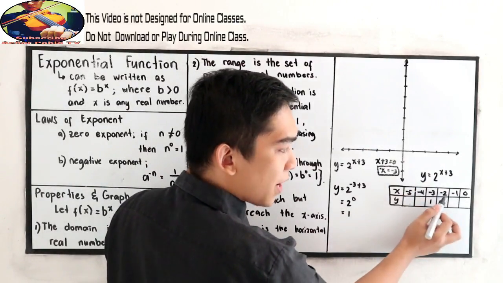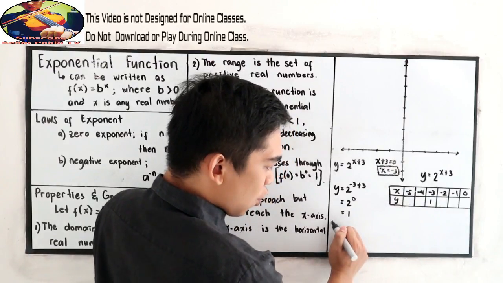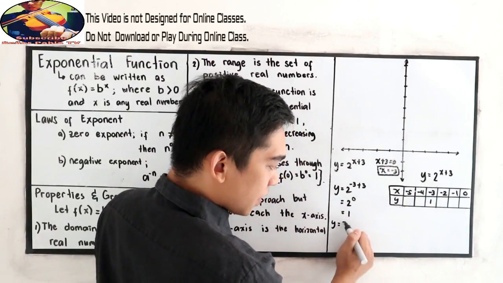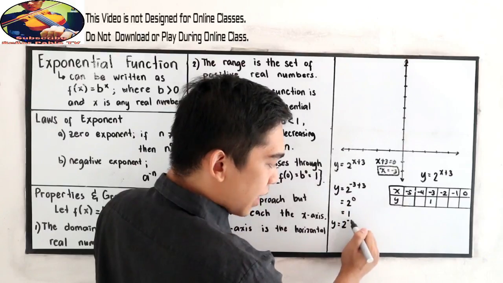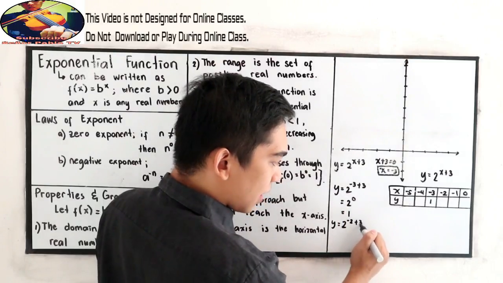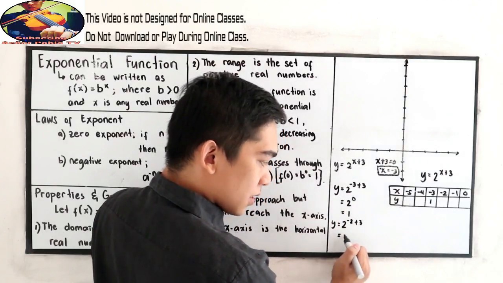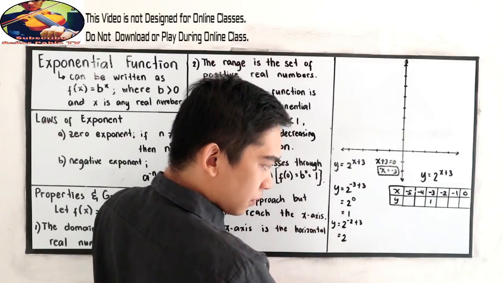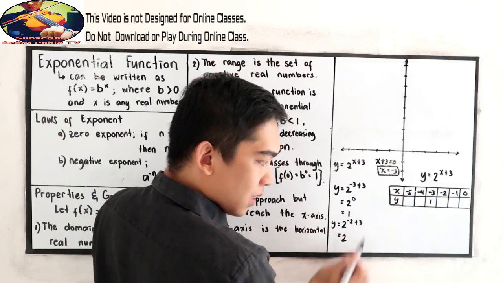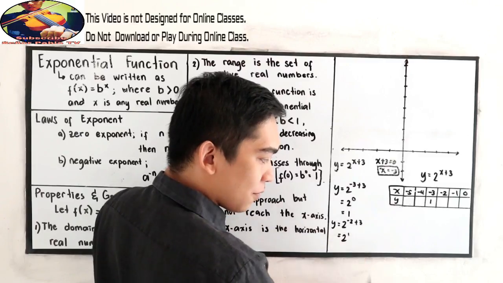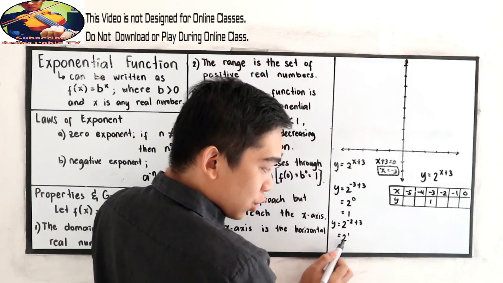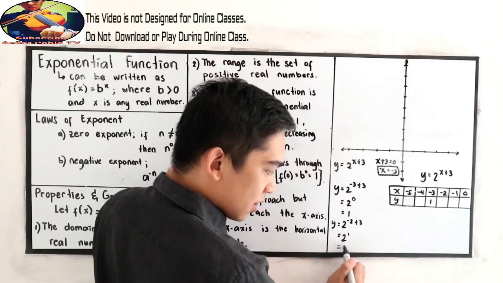So for negative 2, y is equal to 2 raised to negative 2 plus 3. Copy the base, 2. Negative 2 plus 3 is positive 1. 2 raised to 1 is 2.